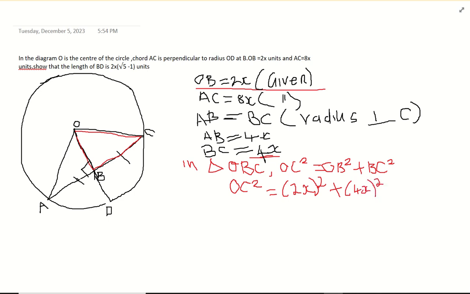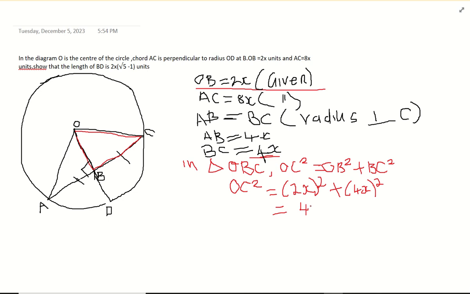Then OC squared will be equal to, how much is 2 squared? 2 squared is equal to 4.